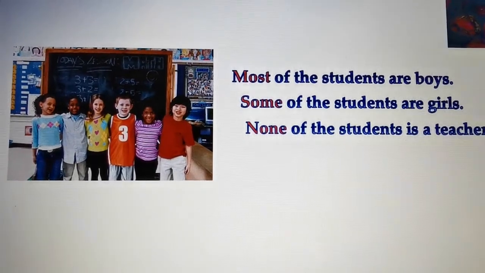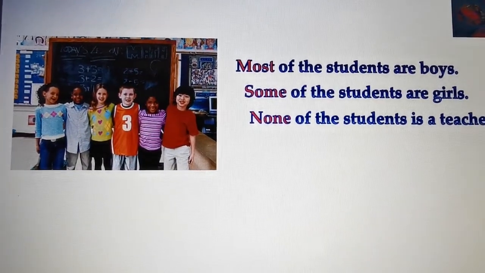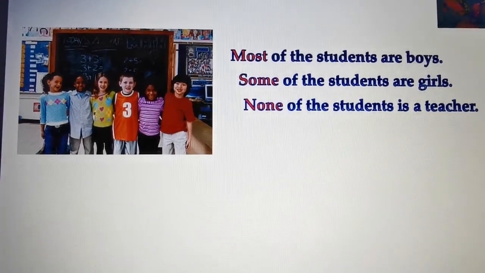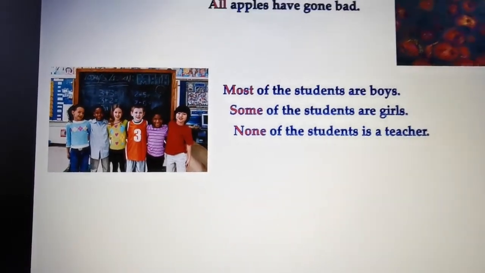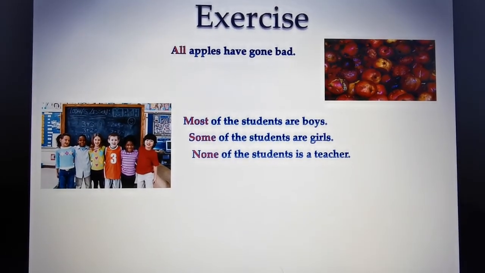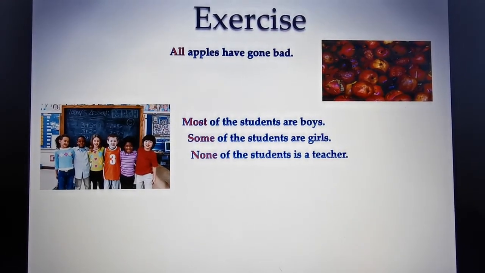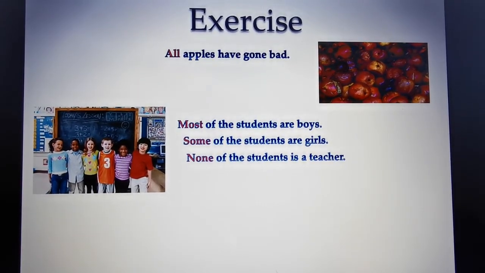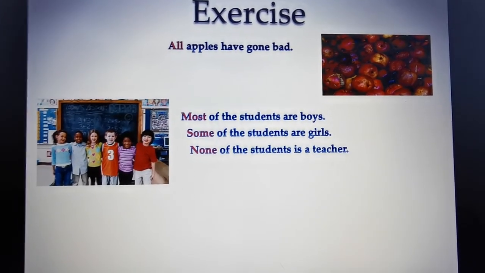That means there are fewer girls than boys. None of the students is a teacher. None of them or no one is a teacher. So that is why we use the word none. Again, these words, all, most, some, and none, these are called determiners.